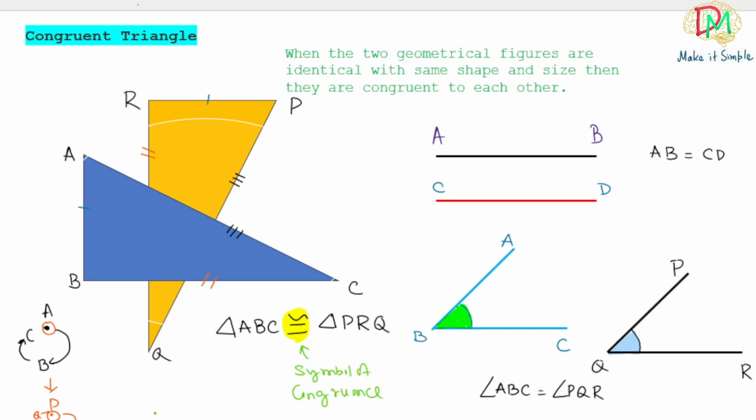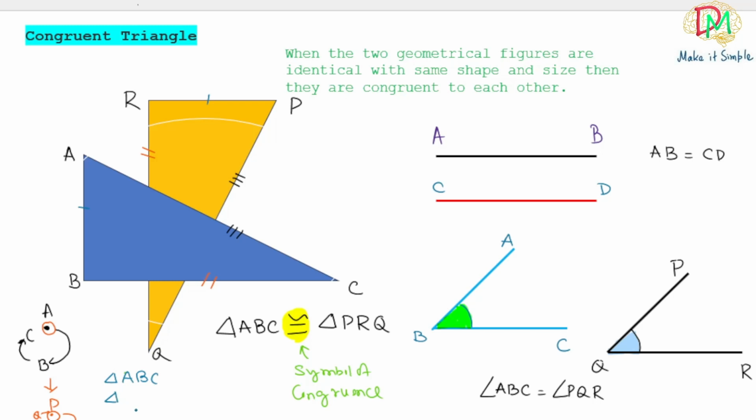Now you should keep in mind how many orientations are possible for the different arrangements of the three vertices ABC of the triangle. If we start from A in the clockwise direction, what do we get? We get ABC.